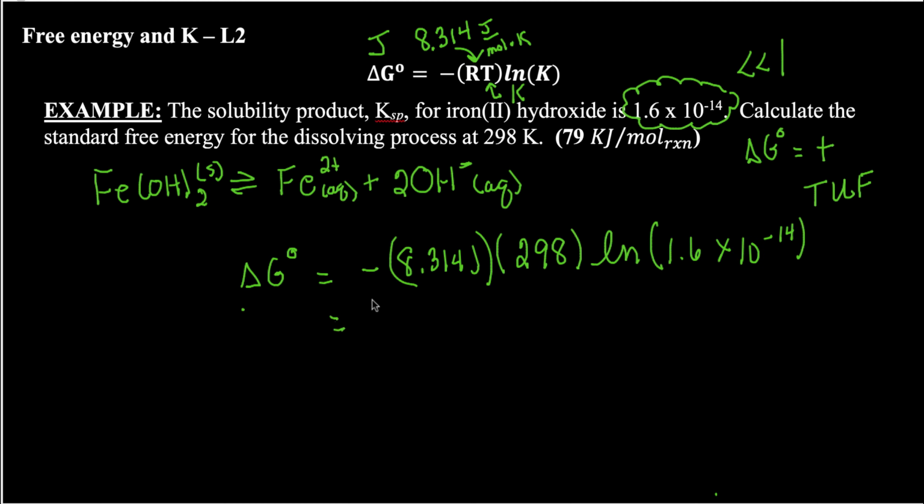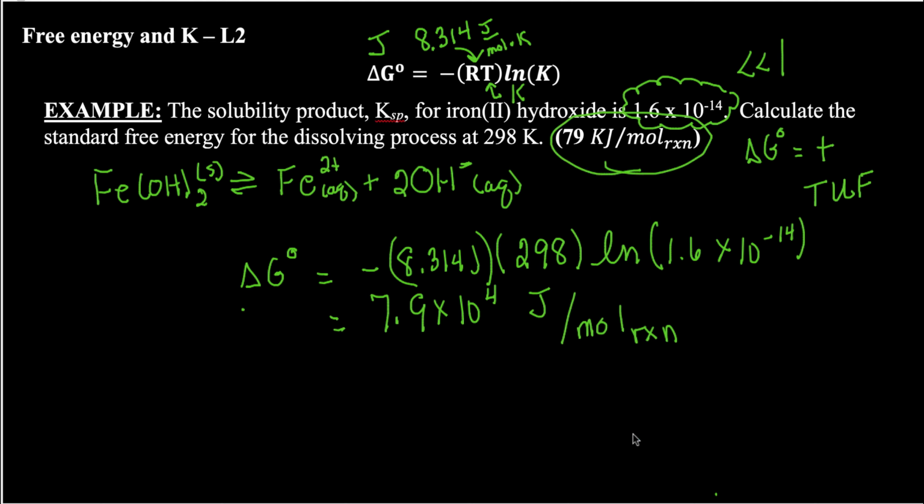And once you plug that in, you get 7.9 times 10 to the fourth joules per mole of reaction, which if you put that into kilojoules, should be 79 kilojoules per mole of reaction.